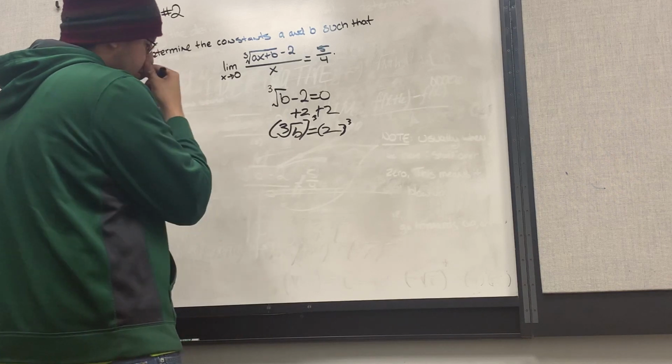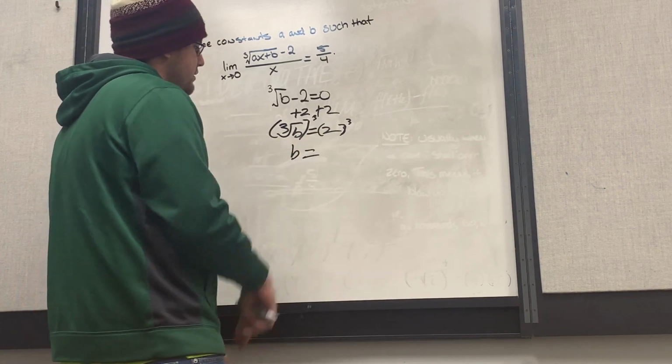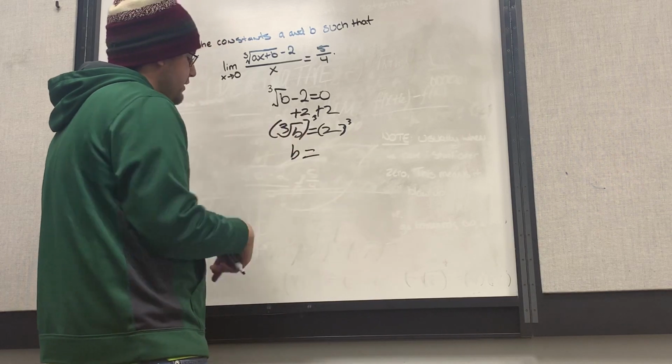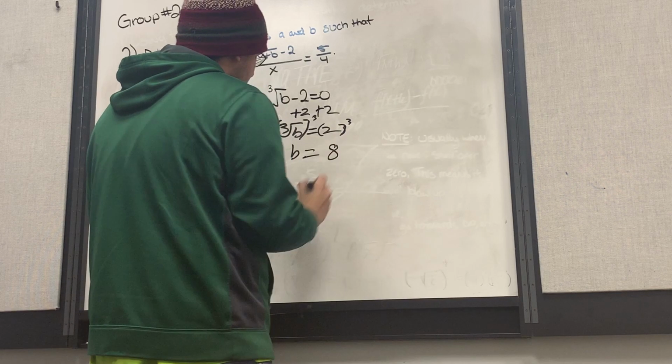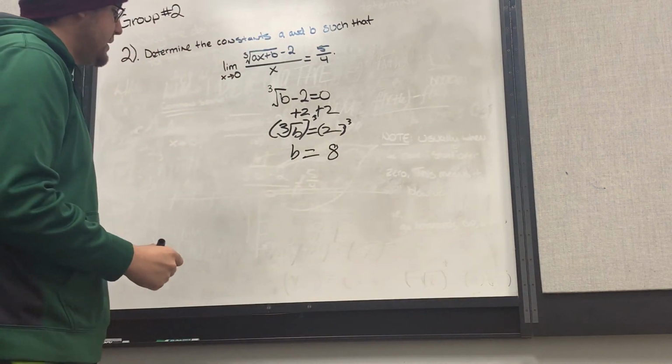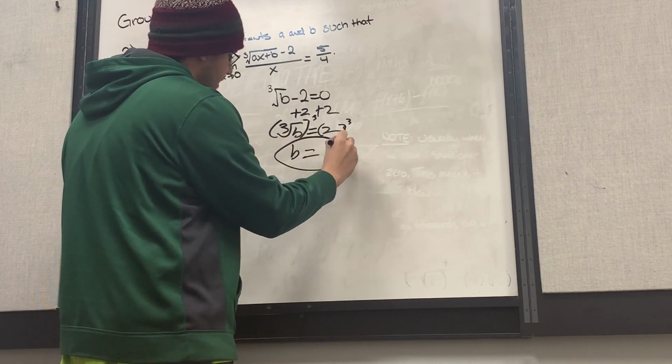We'll set the cube root of b to the 3rd power and 2 to the 3rd power. That'll get rid of the cube root, so it would just be b, and 2 cubed would just be 8. So now we know that the constant b is 8. So that's how we find b.